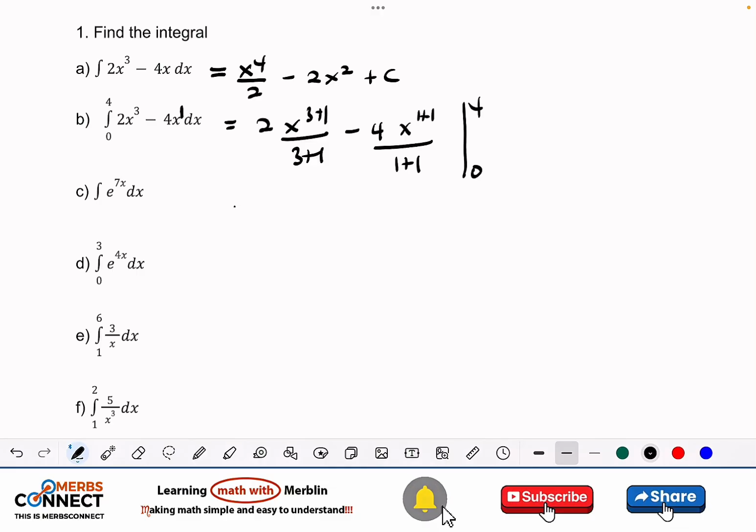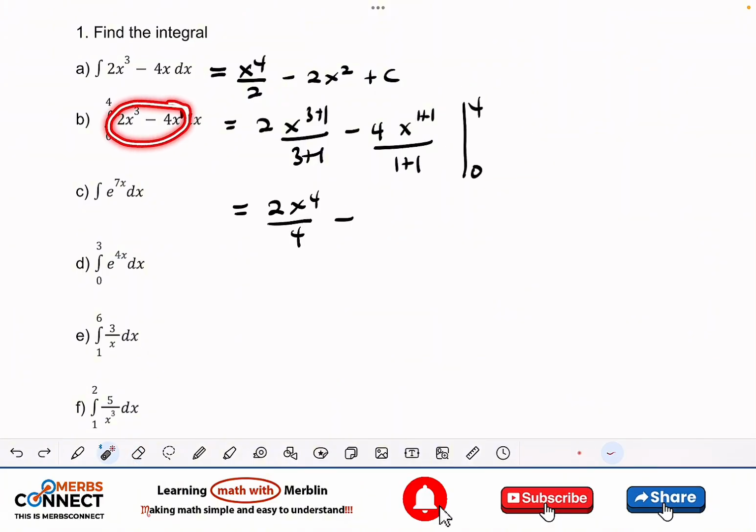Let's do the simplification. I'm going to have 2x to the power 4 divided by 4 minus... oops, I didn't even check. I can see it's the same as the first one that we did. Let's go through it again, because I think the question here is the same as this. We should have just taken the c away and put 0 and 4 here.